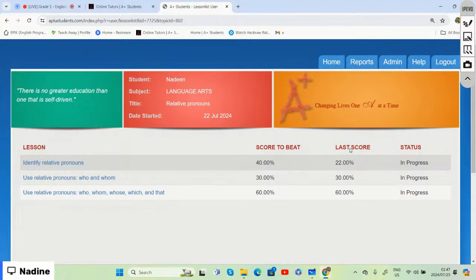Who refers to people, which is the subject. Whom refers to people, which is the object of the verb. Whose refers to possession. Which refers to animals and objects, and that refers to people, things, and animals.